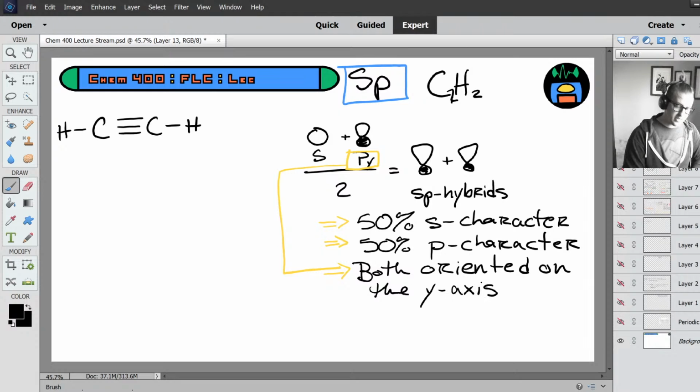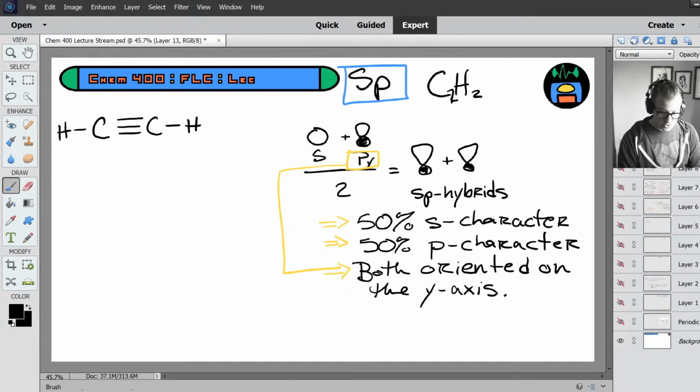We saw with sp3, it was in all three dimensions. Sp2, we lost a dimension, right? It was only oriented in the xy plane. This one, we've lost another dimension because we're only using one p orbital, so it's all oriented in a line on the y-axis. That's why it has a linear geometry.